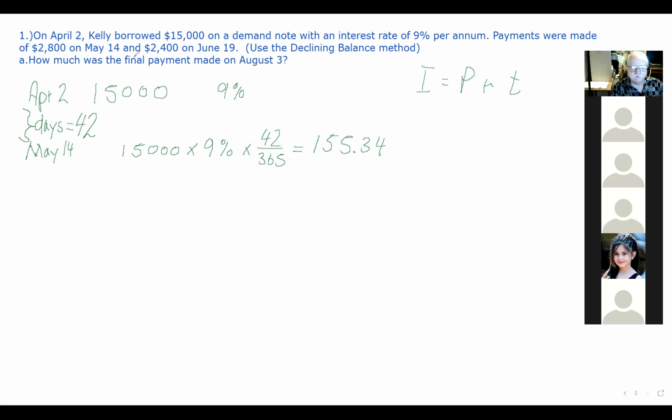So the teller finds out how much money Kelly wants to pay today, and it turns out to be $2,800, but the first thing the bank does is take its $155.34. So how much is left of the payment after the bank has taken its pound of flesh here?